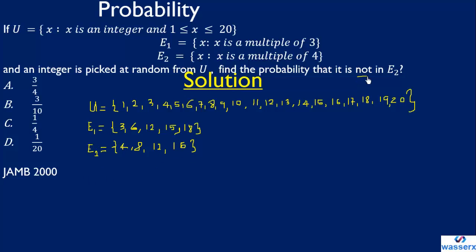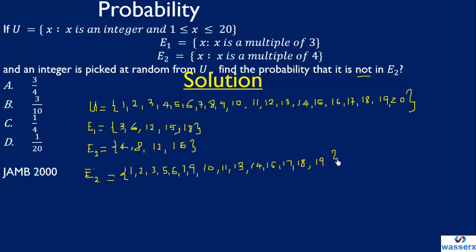So the complement of E2 are elements that are in the universal set that are not in E2. So we have 1, 2, 3, 5, 6, 7, 9, then we have 10, 11, then 13, then we have 14, then we have 15, we have 17, we have 18, then we have 19.